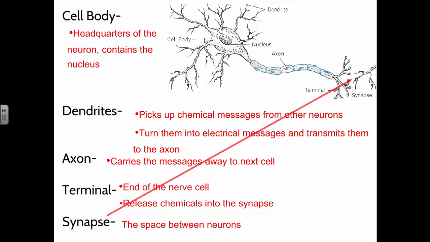So this message, if it starts here, so here I could draw this. So the message comes in. If the message starts here, sends an electrical signal, gets to the end, to the terminal, then it releases these chemicals.